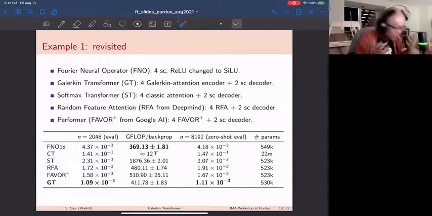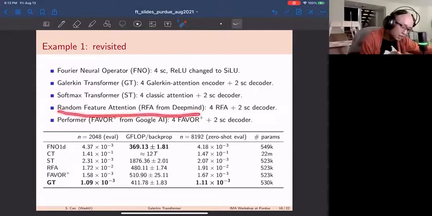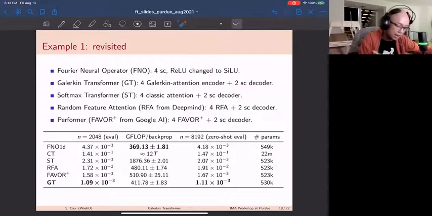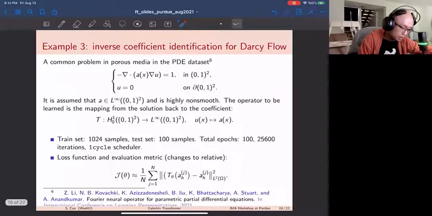It's crazily good. I also compare with the random feature attention from DeepMind and Favor Plus from Google AI. But because they are trying to approximate softmax, our point is that removing softmax is the best approach for operator learning. And of course, the parameters are matching, just 500K or something.